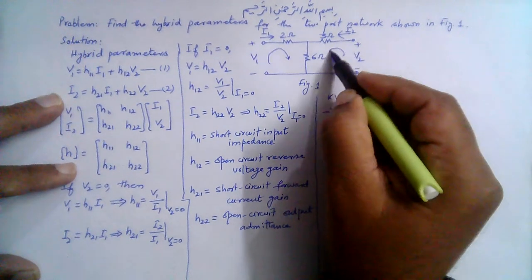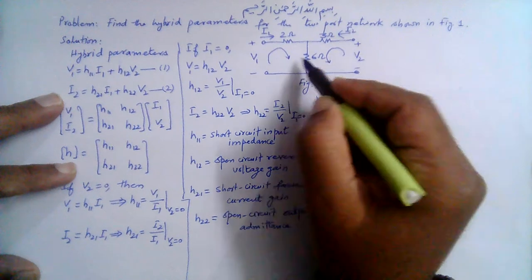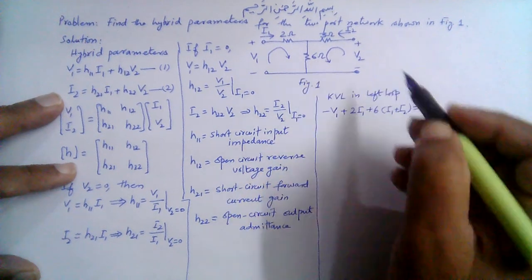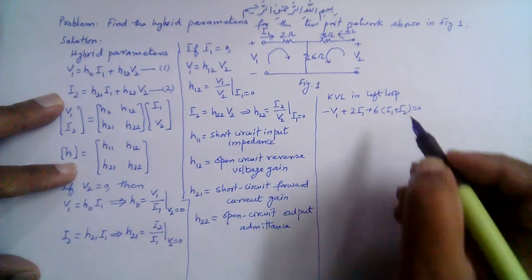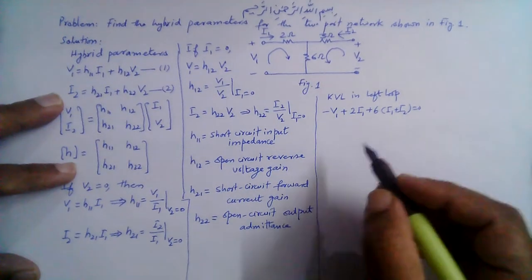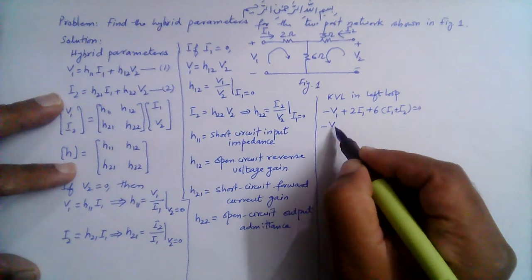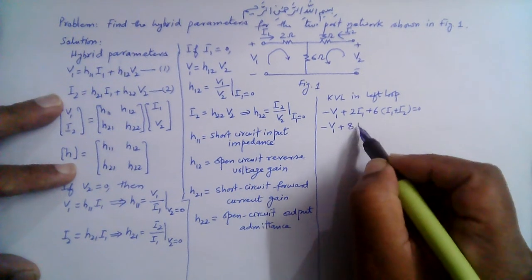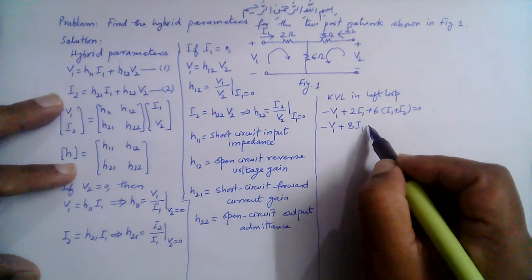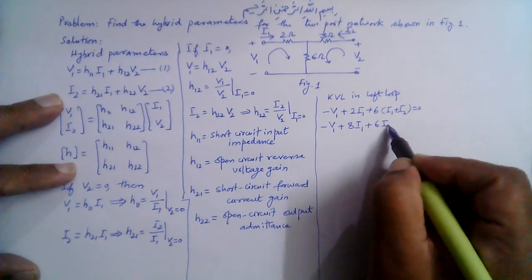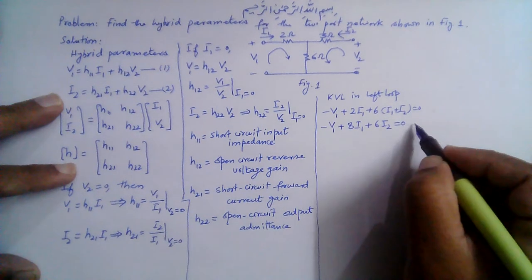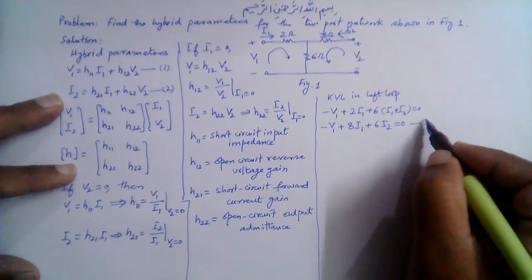I2 is flowing in this direction, so I1 and I2 have the same direction when flowing through the 6 ohm. That is why this is I1 plus I2. So then this becomes minus V1 plus 6I1 plus 2I1, this is 8I1, plus 6I2 is equal to 0. Let me call this equation 3.